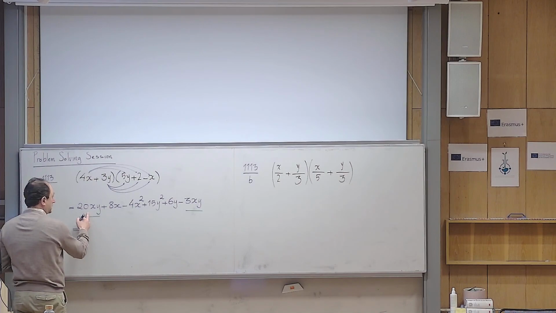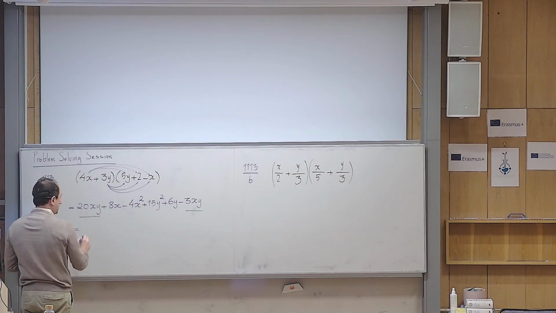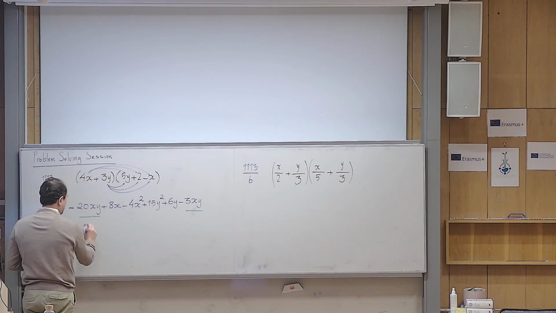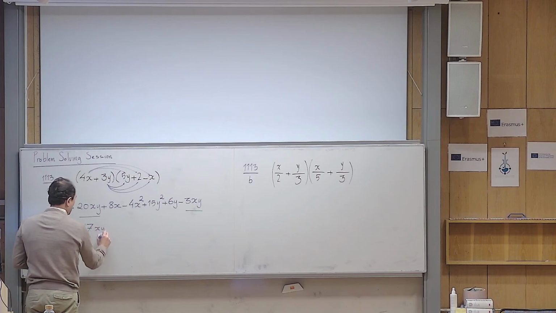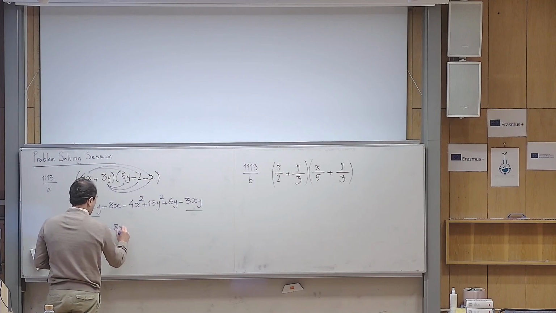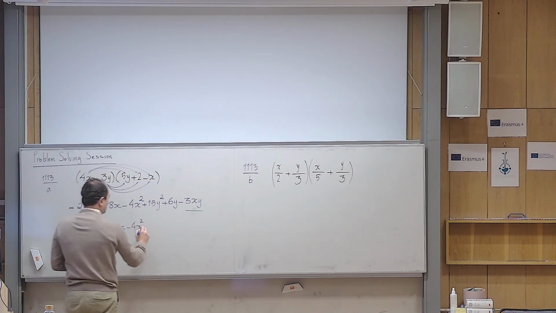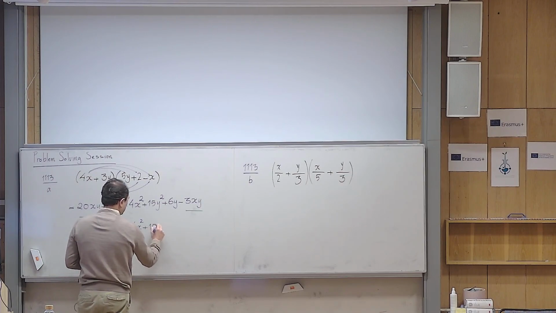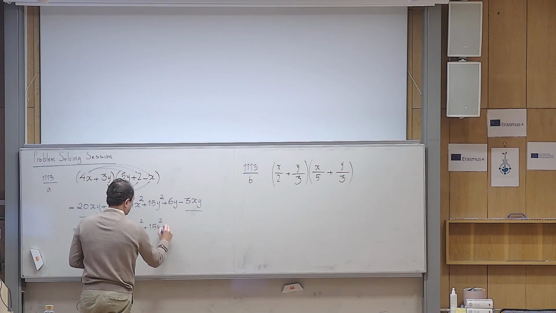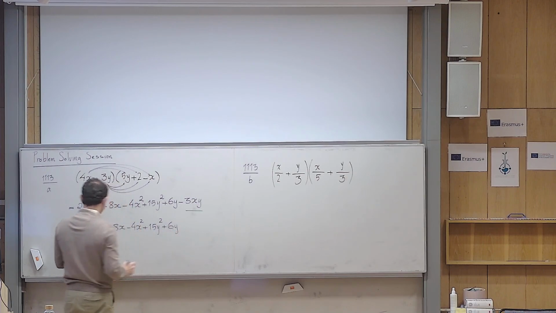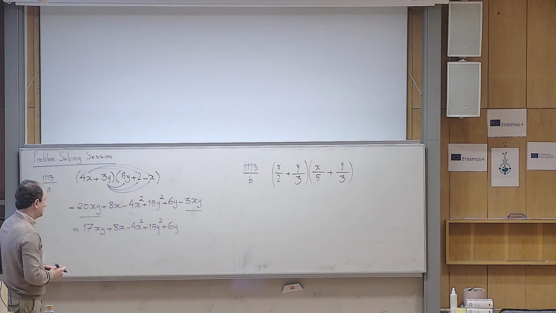So I have 20xy minus 3xy, which is what? 17xy. And then I can copy and paste the rest. Okay, this is enough to stop here. Yeah, that's correct.